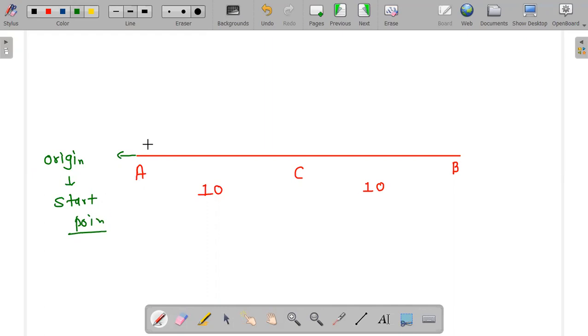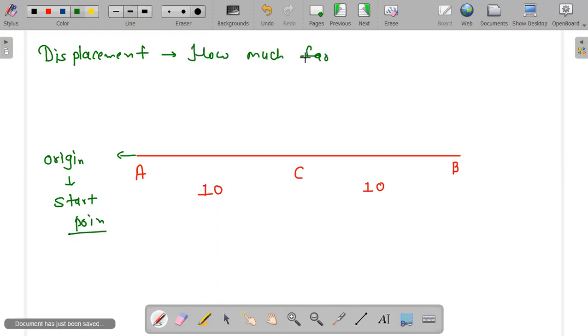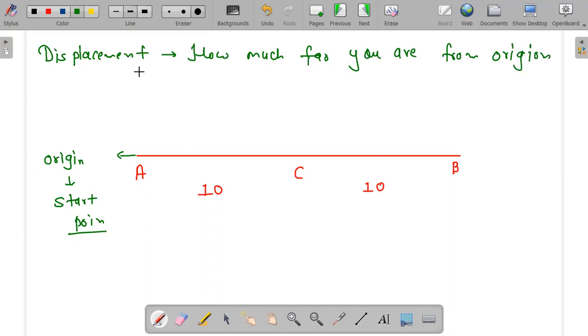What is the definition of displacement? The definition of displacement is how far you are from origin. That is the definition of displacement.